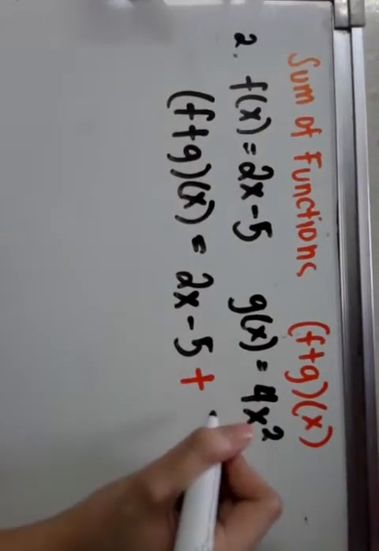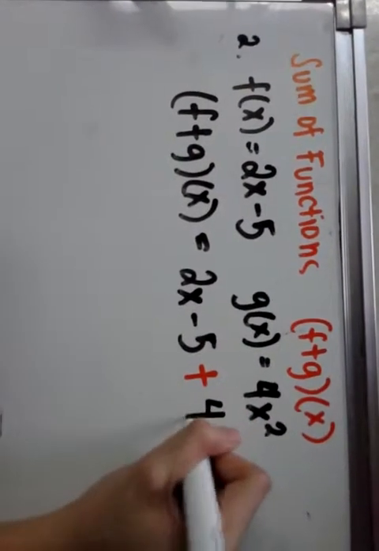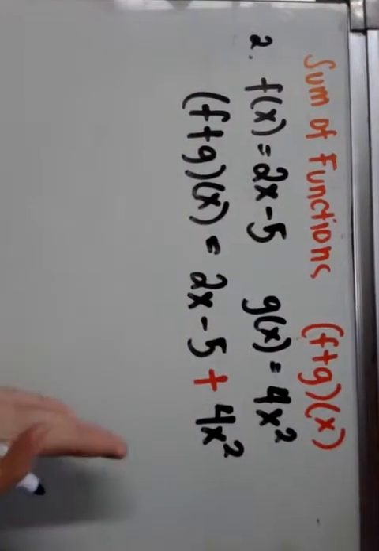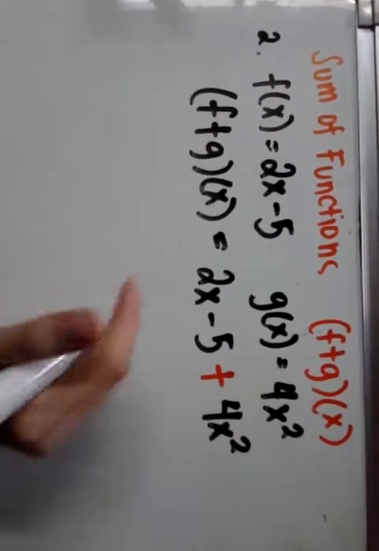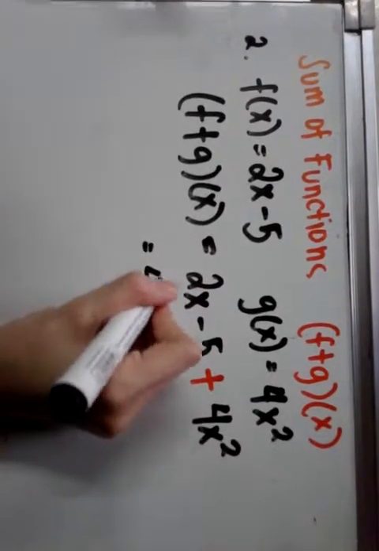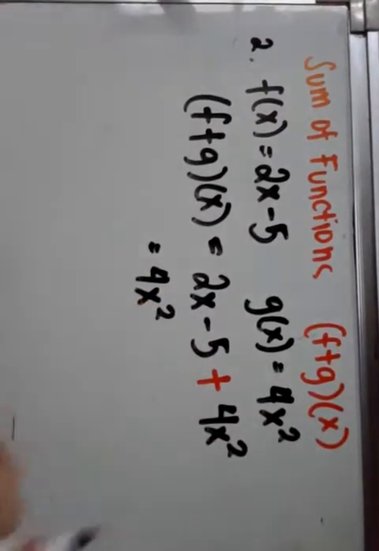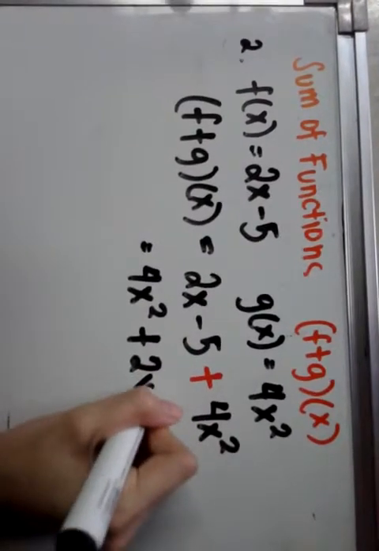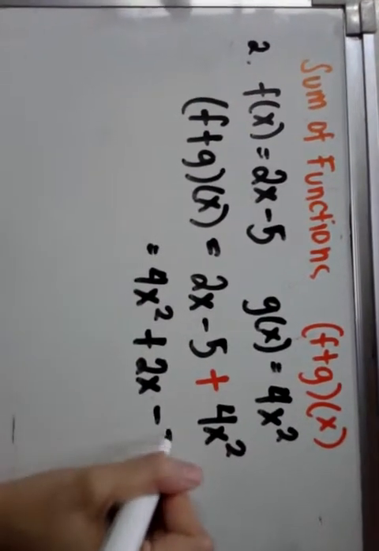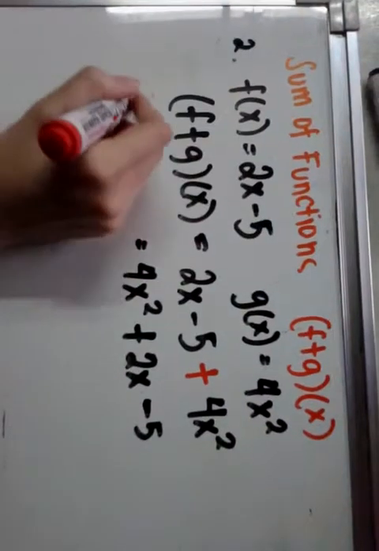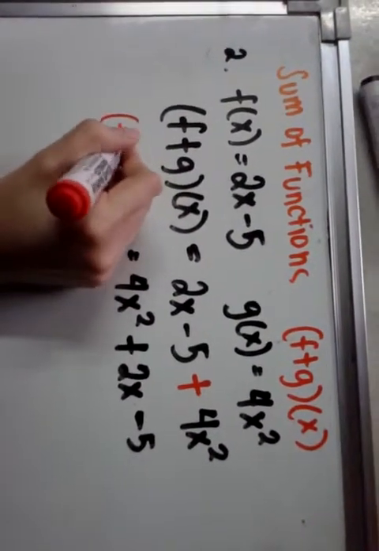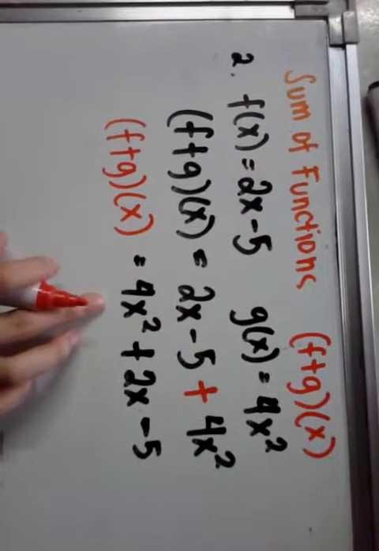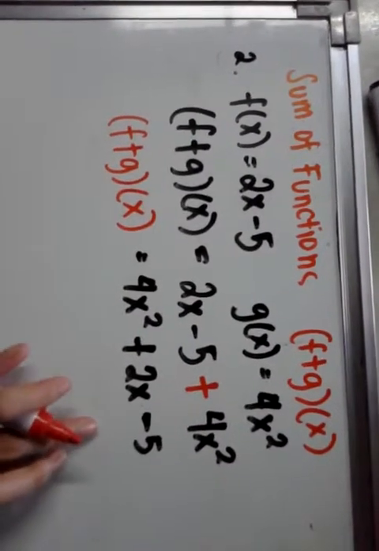Then copy the equation of the g function, which is 4x squared. Since we have no like terms, we're just going to arrange them. So 4x squared will become the first, then followed by 2x, and then followed by negative 5. So therefore, f plus g of x is equals to 4x squared plus 2x minus 5.